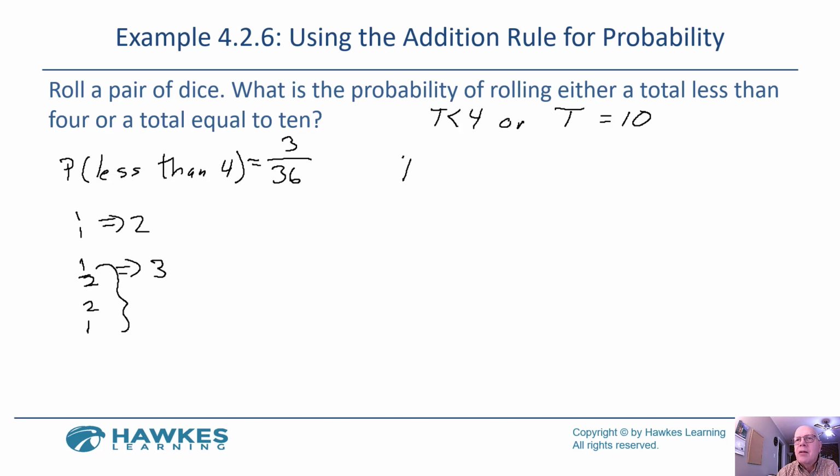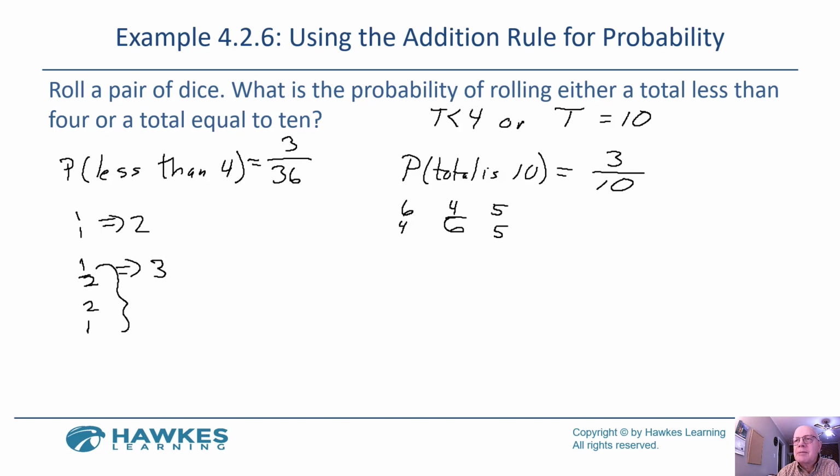Now, second, the probability that the total is 10. How many ways can we have that happen? Well, we could have a 6 and a 4, or we could have a 4 and a 6, and we could have a 5 and a 5. Looks like those are the only ways, right? So 3 over 36, total equal to 10.